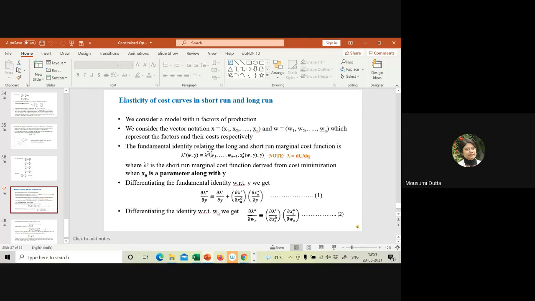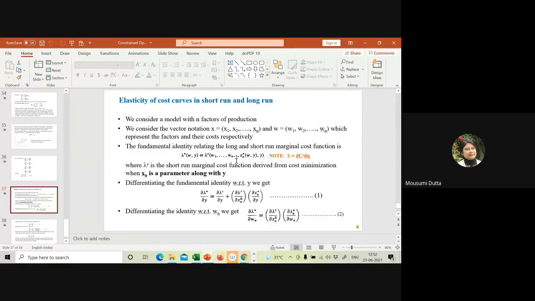The fundamental identity relating the long run and the short run marginal cost function is given by, star is indicating the long run. Long run marginal cost is a function of the entire W vector and y, all the input prices and y. Whereas short run marginal cost is a function of the prices W1 to Wn minus 1. Why?